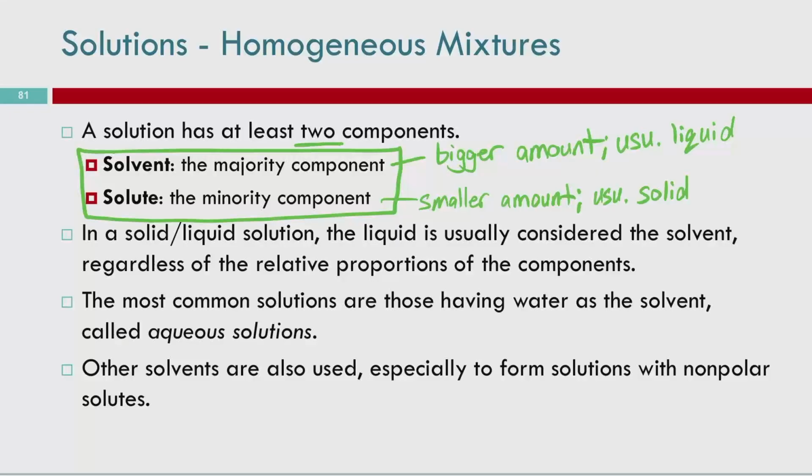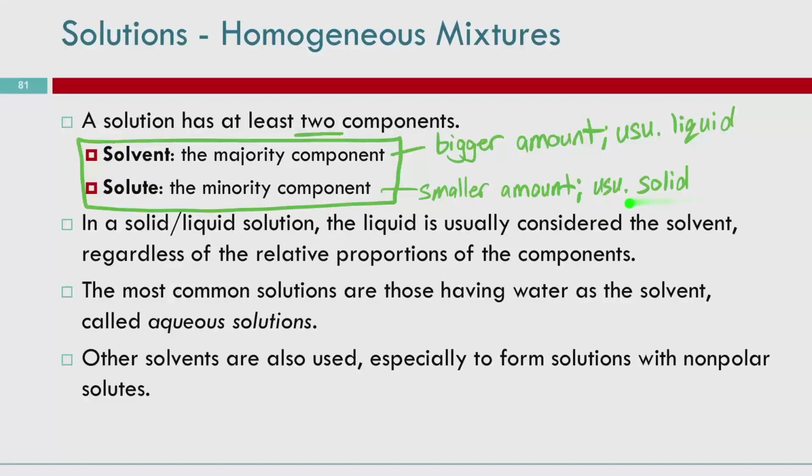Like if you put a little bit of salt into some warm water to gargle or to rinse your nose or to do other things with, that solid, that salt, is our solute. That's the minority component. There's less of the salt than there is water.